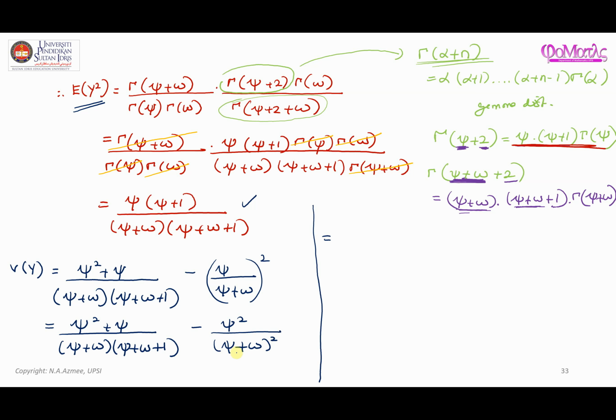Now we're just going to need to find the common denominator for the bottom part. So here we got psi plus omega squared, here we got psi plus omega plus 1. So the common denominator is going to look like this: psi plus omega, you square it, and then psi plus omega plus 1. So that's the common denominator.